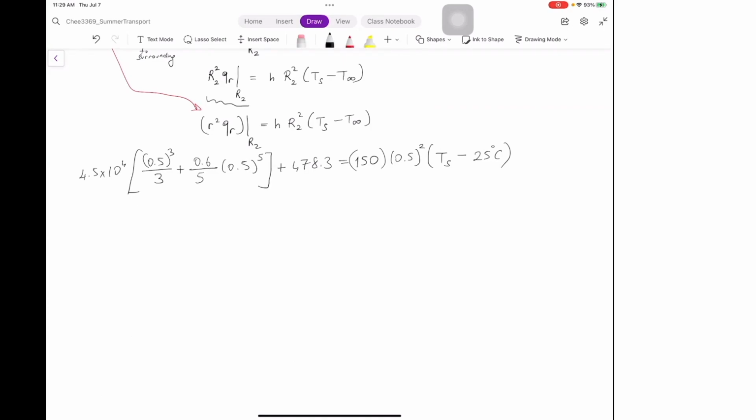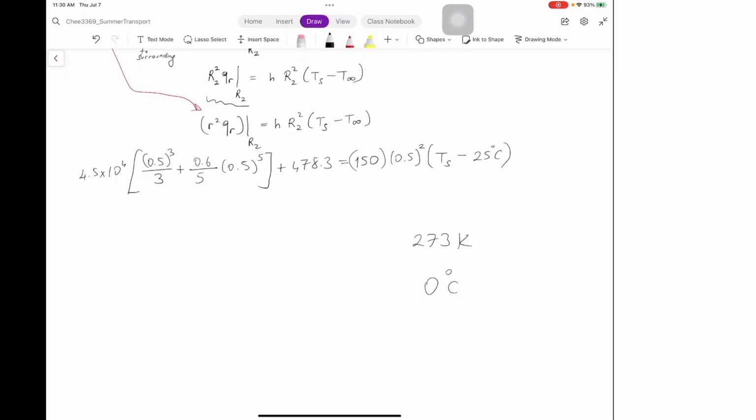Wait, do we need the 25 degrees to be in Kelvin? Because the left side's, I think, in Kelvin. Yeah, so here's the thing. As I mentioned before, if you have a temperature difference of 10 centigrade, it is the same as a temperature difference of 10 Kelvin. We talked about this before, right? So for example, 273 Kelvin is 0 degrees, right?